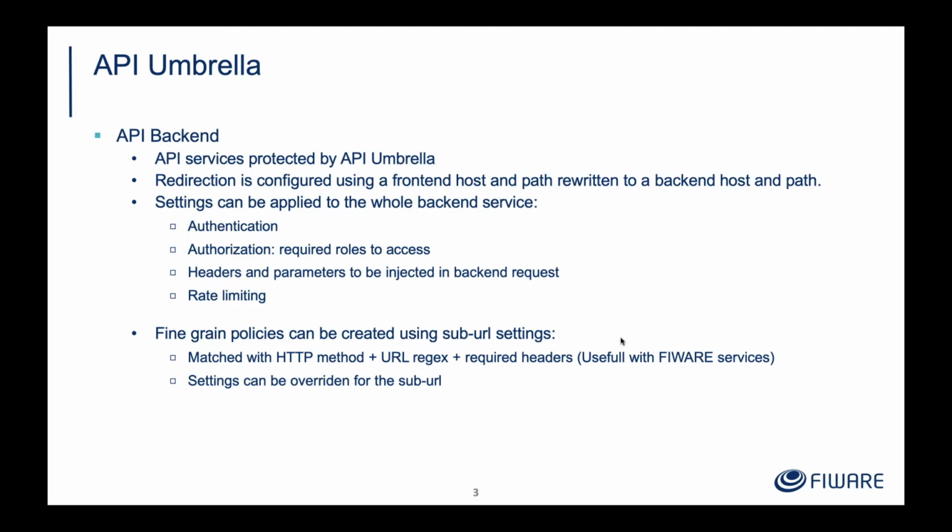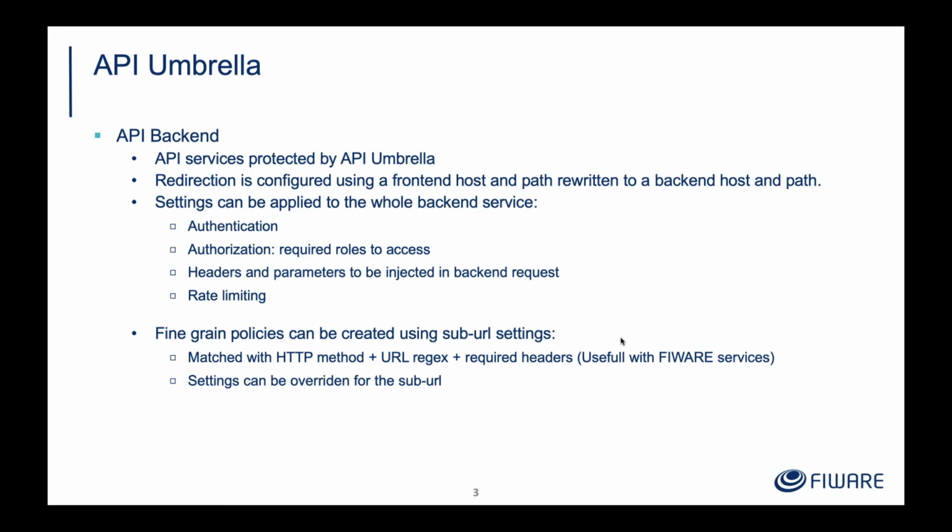API umbrella also has a couple of extra configuration parameters. For example, you can establish headers and parameters that are going to be injected automatically in the backend request. This is quite useful in those scenarios where you have an API that establishes a basic authorization, a basic header authentication, which is just a header always with fixed stuff, or a backend API key, or these kind of things.